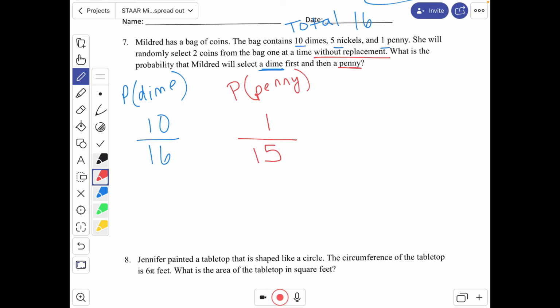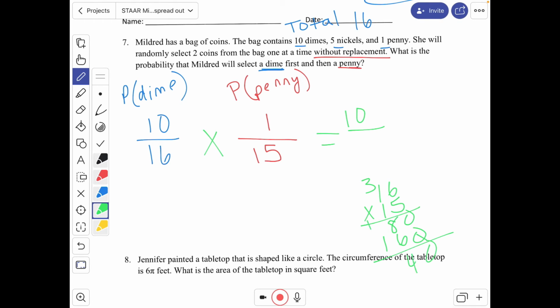And then we need to multiply both of those fractions. So 10 times 1 is 10, and 16 times 15 is 240.